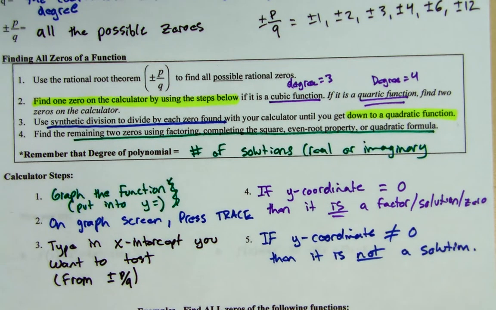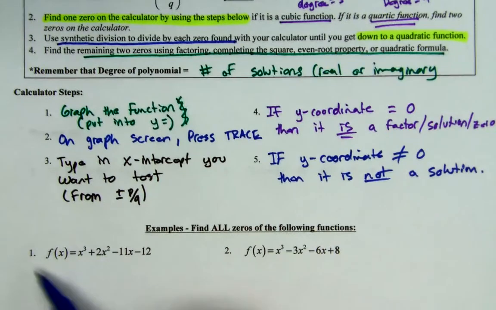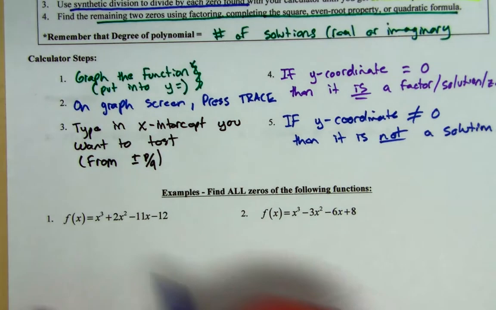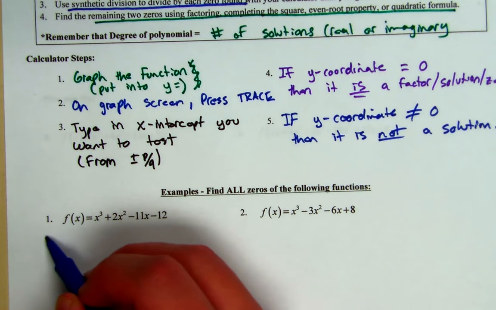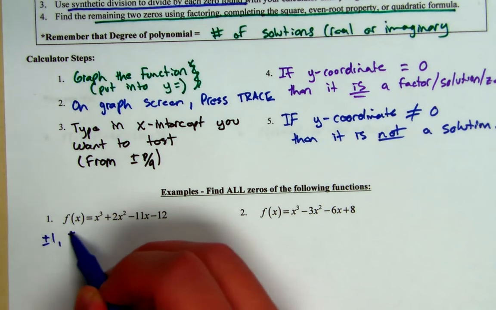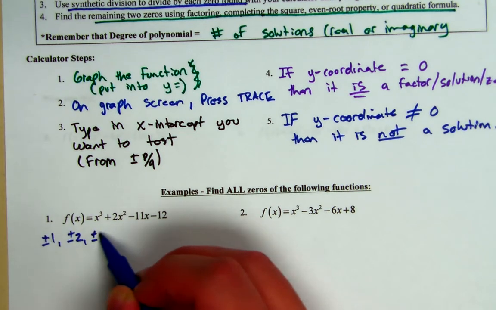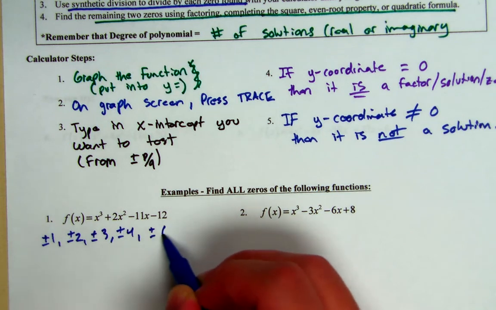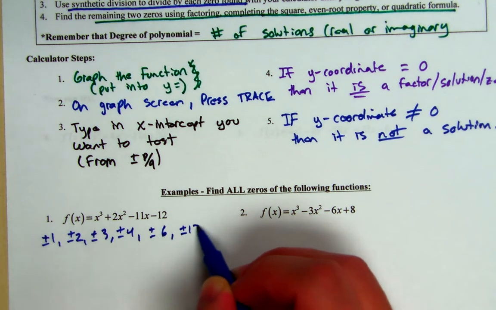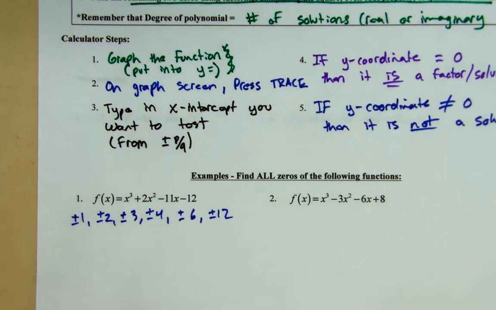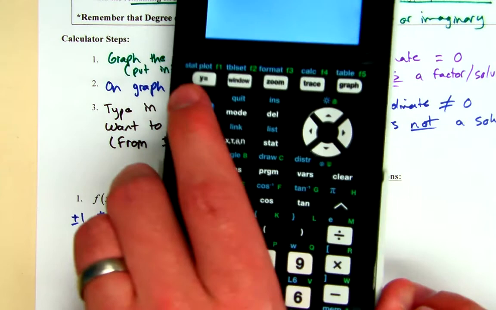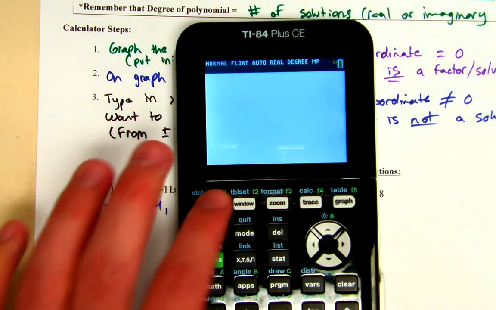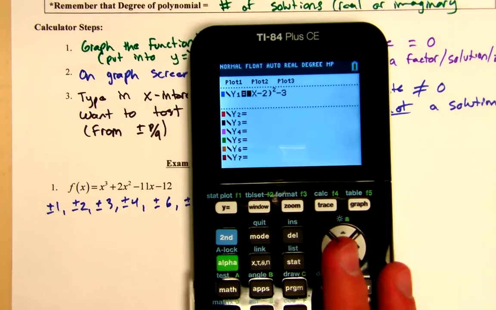So again, let's take that first function we did up here. It's the same one down here, and I'm going to copy down that list of P's over Q's. So we had plus or minus 1, plus or minus 2, plus or minus 3, plus or minus 4, plus or minus 6, plus or minus 12. Now, I made my list, so I go to the calculator, and I say, hey, y equals, I want to graph this function.